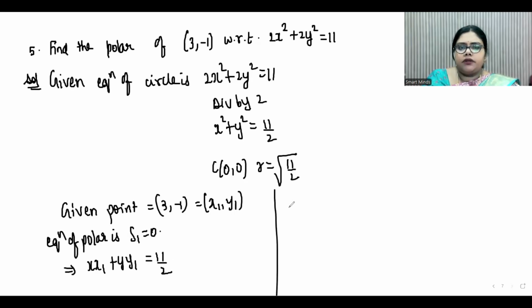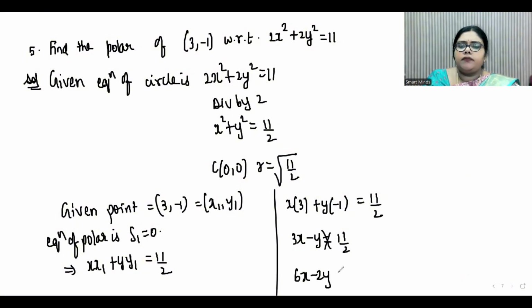Now substitute x into 3 plus y into minus 1 is equal to 11 by 2. 3x minus y is equal to 11 by 2. Cross multiply, 6x minus 2y is equal to 11. Or you can also write this way, 6x minus 2y minus 11 is equal to 0.